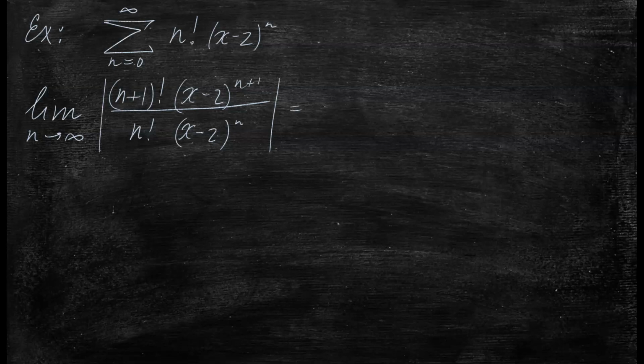And like I said before, you can always count on this absolute value of x minus the center being taken out of the limit, and then focusing on finding this limit kind of makes it easier to organize your work.